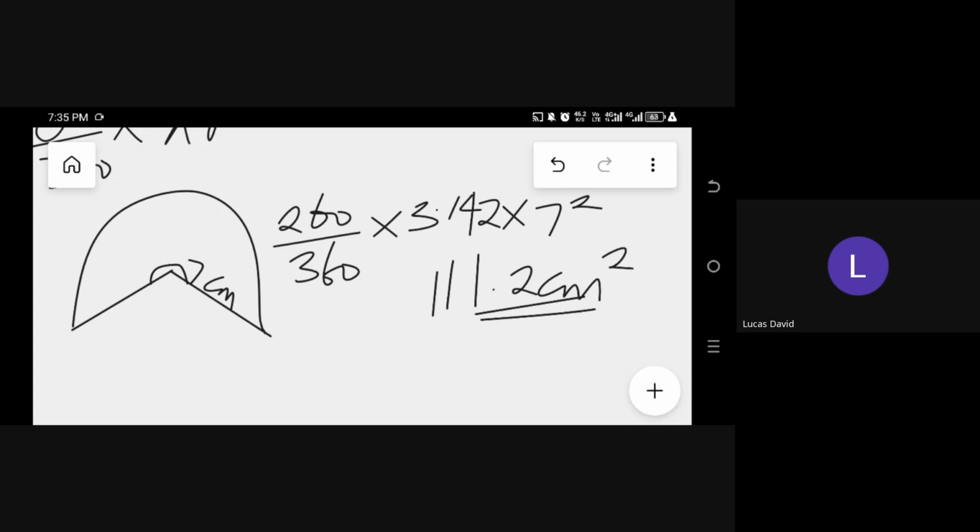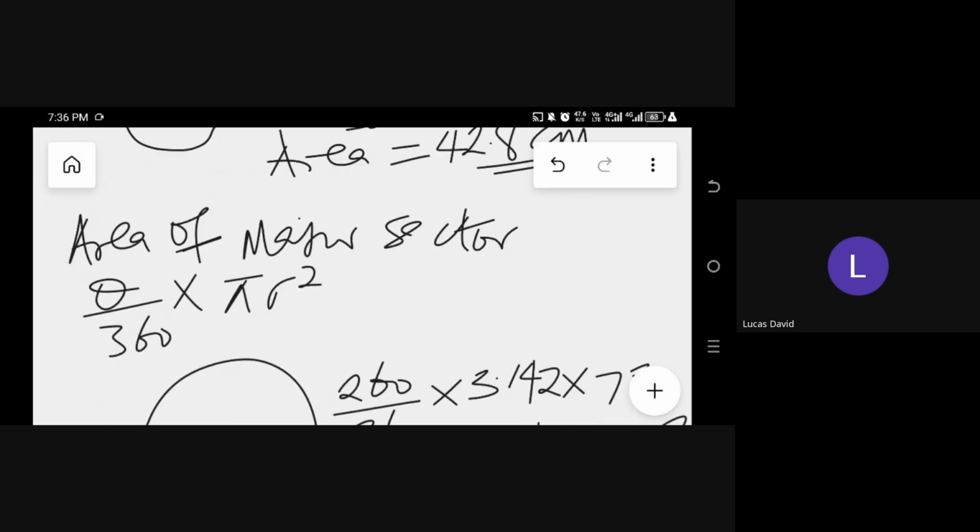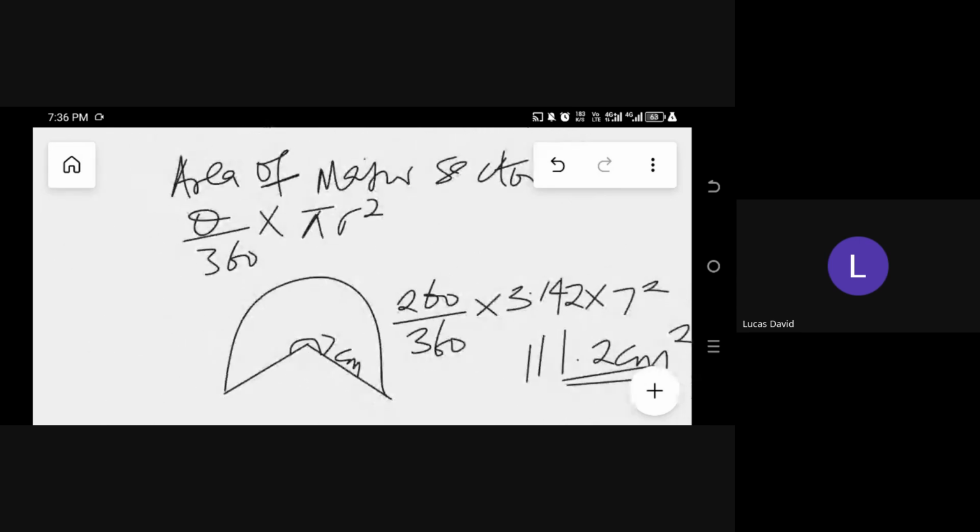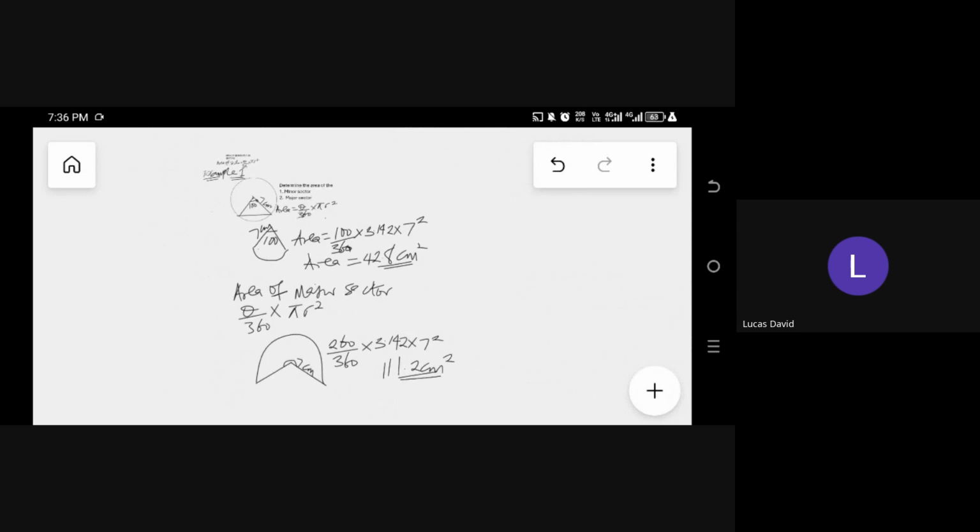So centimeter squared, that's the unit for area. Since this is measured in centimeters, you say centimeter squared. If it is measured in meters, you say meter squared. So this is how you find the area of a sector.